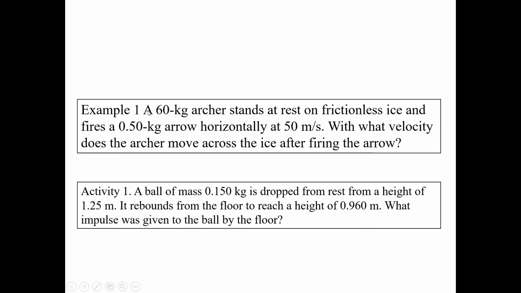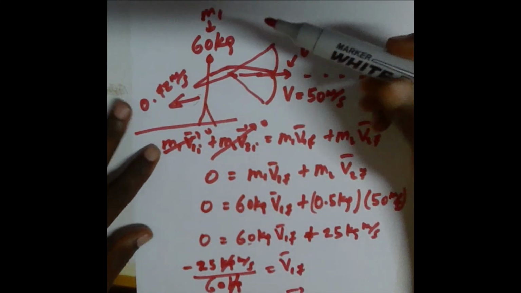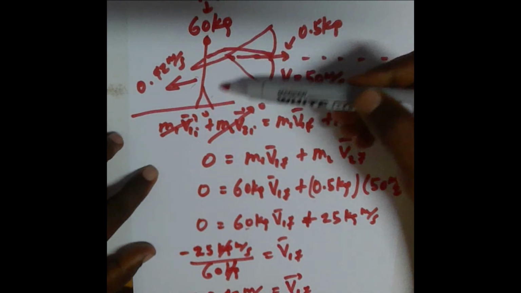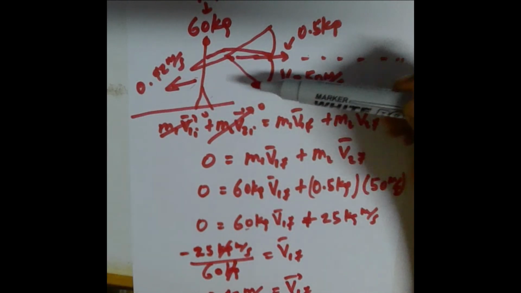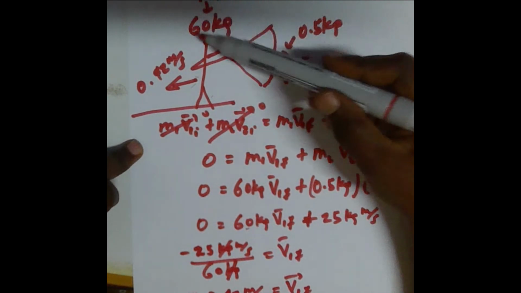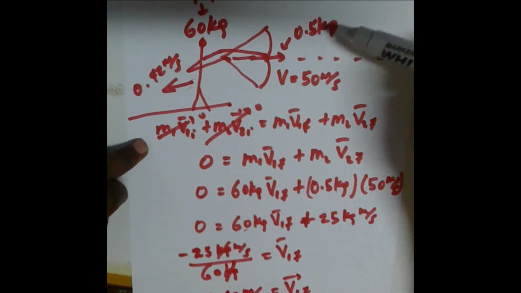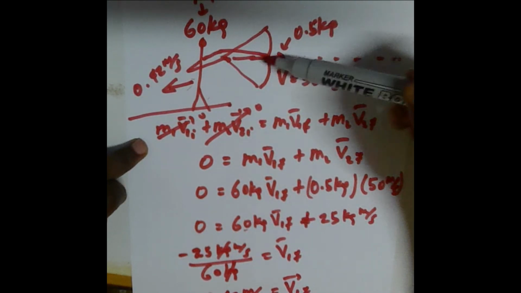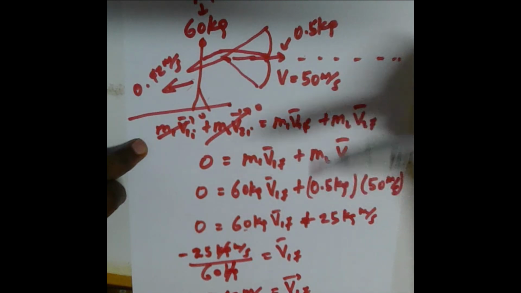Okay, now let's use paper again. Let's consider this is the archer, the person standing on frictionless ice. So the mass of the person is 60 kg, and the mass of the arrow is 0.5 kg. The arrow is released with a speed of 50 meters per second.